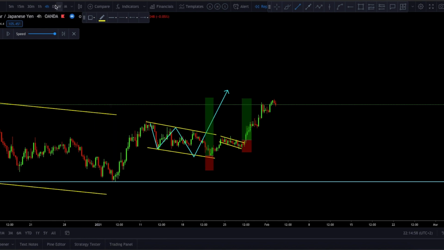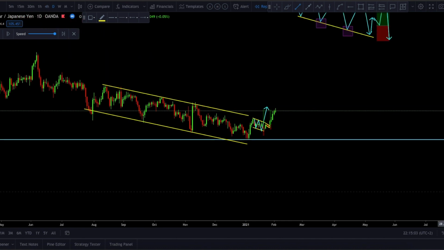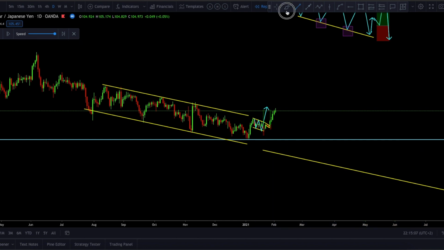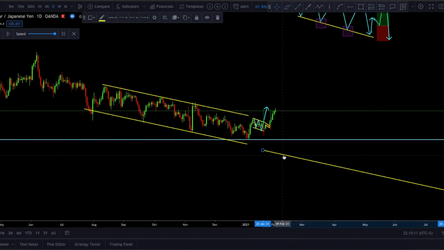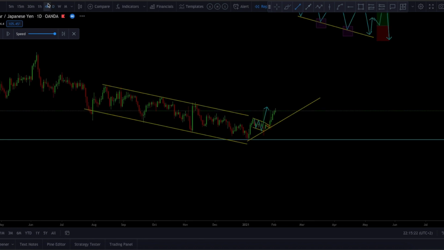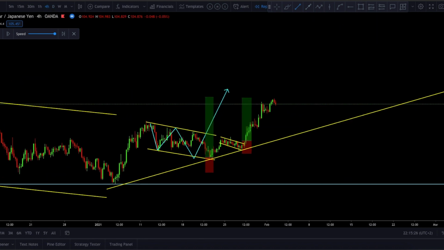So you have to connect these lines like this. Nope, I don't want this line. Take you out. I want you. Connect a line like this. Go back to the time frame that I'm trading.